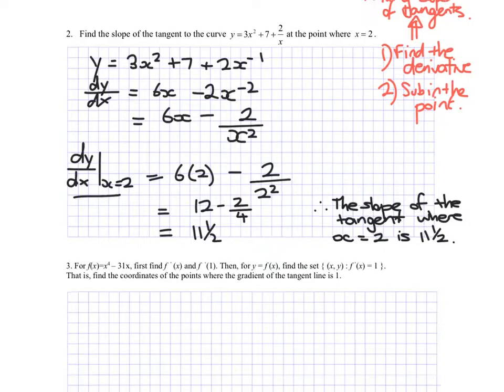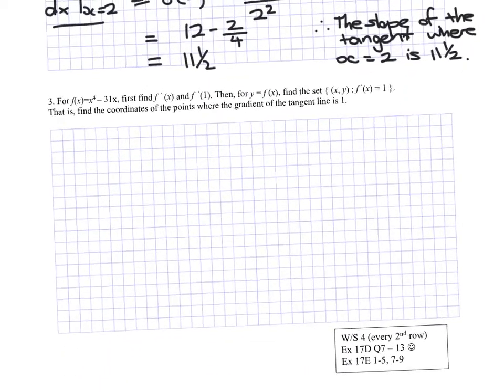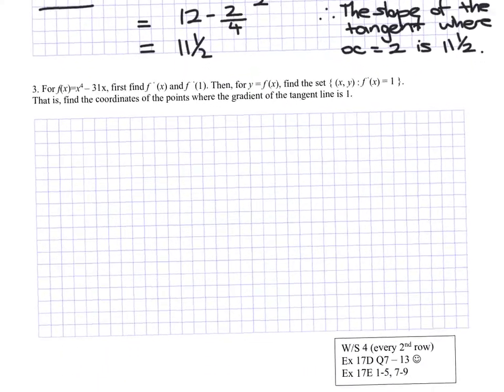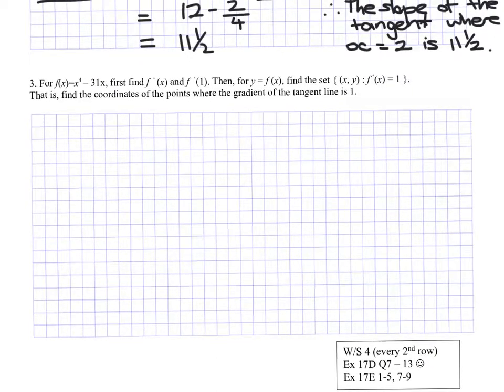All right, and one more example. For f of x equals x to the 4, take 31x, first find f dash of x and f dash of 1. So we're finding the derivative, and then finding the slope when x equals 1. Then, for y equals f of x, find the set of xy values such that f dash of x equals 1.